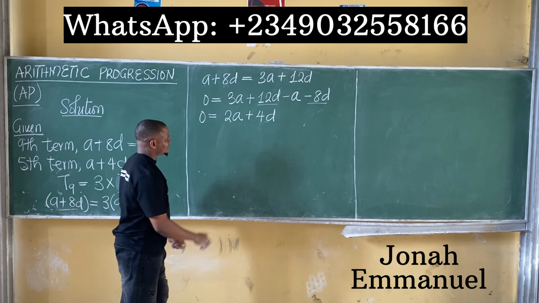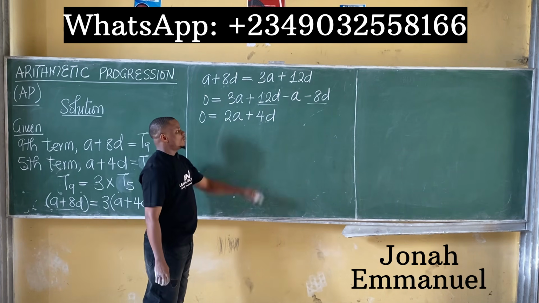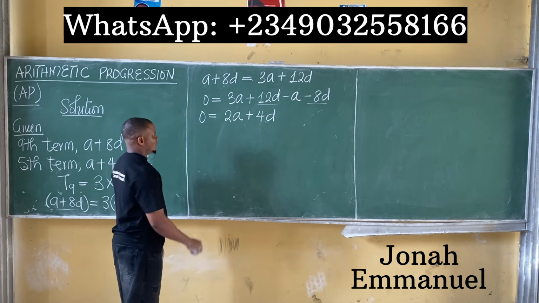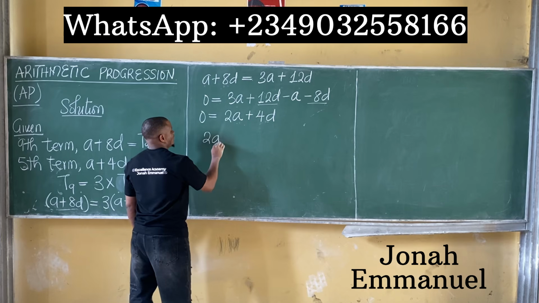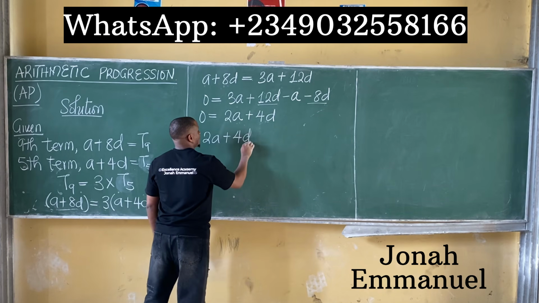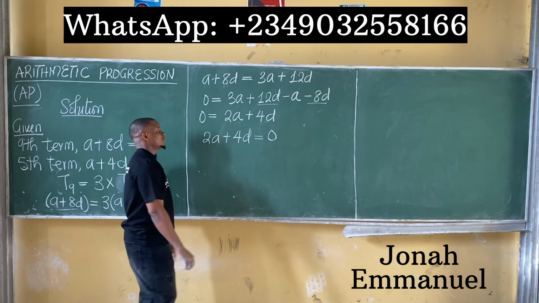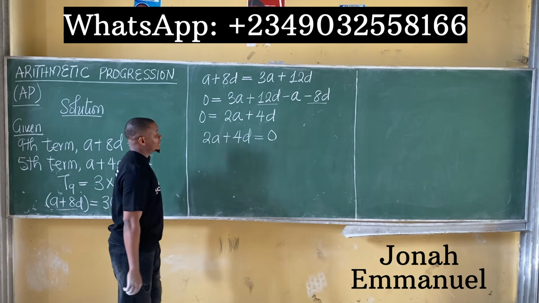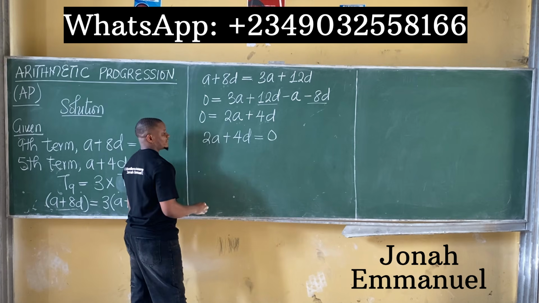Looking at this, we can see that we have 2 and 4, which is very much factorizable. Let's interchange this: 2A plus 4D is equal to 0. It's the same thing, just swap positions. So what next? We can factorize 2.